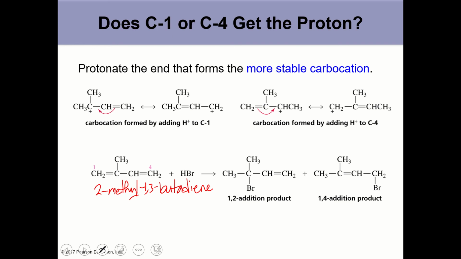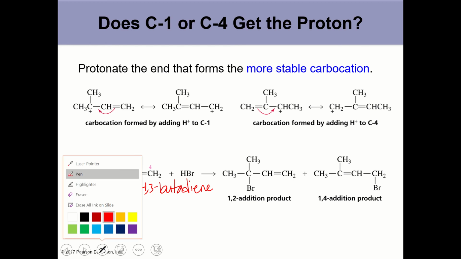So there's a methyl group at carbon 2, and it's a diene with pi bonds at carbons 1 and 3. All right, but when we look at our 1,2 and our 1,4 addition, those numbers have nothing to do with the numbering for the naming.